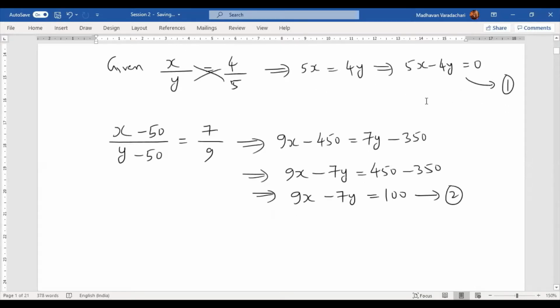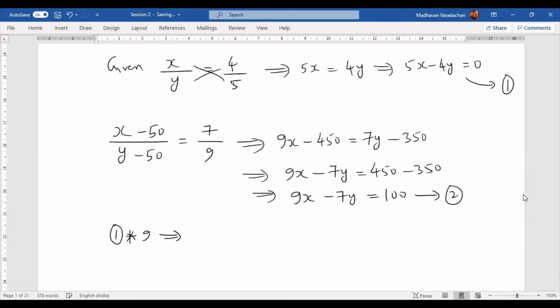Let us think about something common number to be brought in, means 5 and 9. If I multiply this 5 by 9, I will get 45. If I multiply this 9 by 5, I will get 45. So what I am going to do is that first equation, I'll multiply the entire equation by 9.